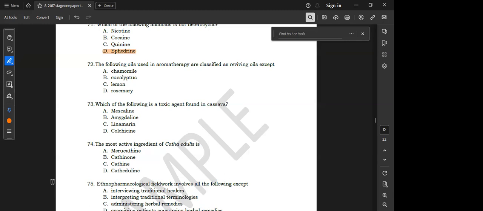I'm going by elimination, on the notion that these reviving oils are the same as essential oils. There's lemon oil. Chamomile, eucalyptus, lemon oil, rosemary.